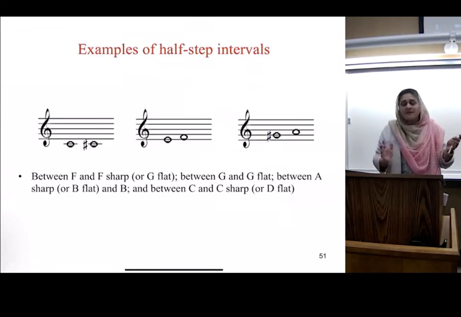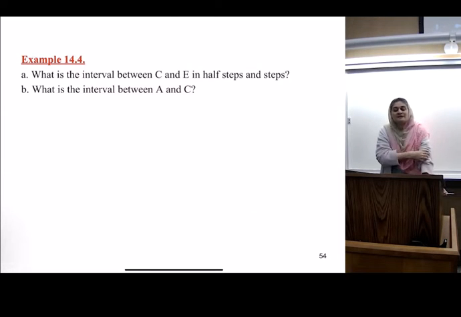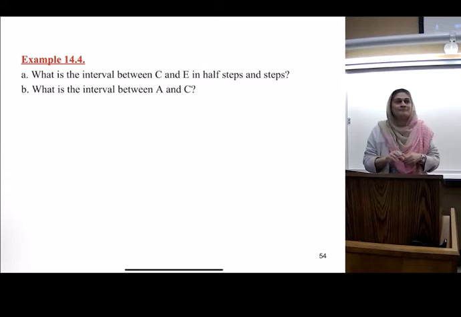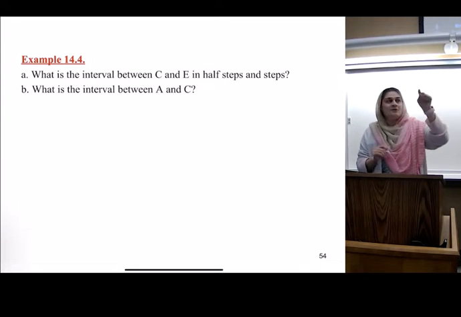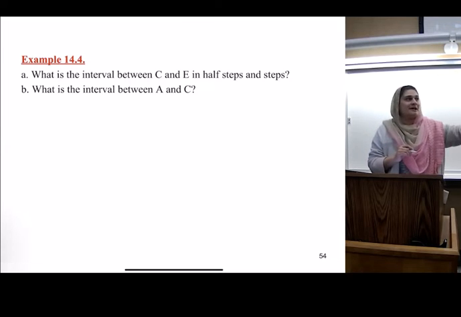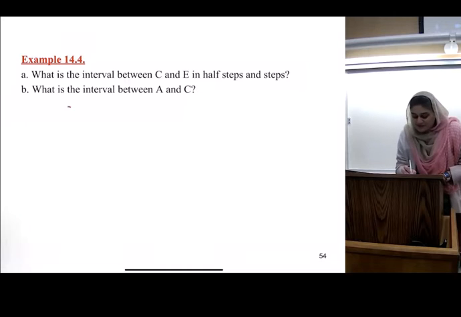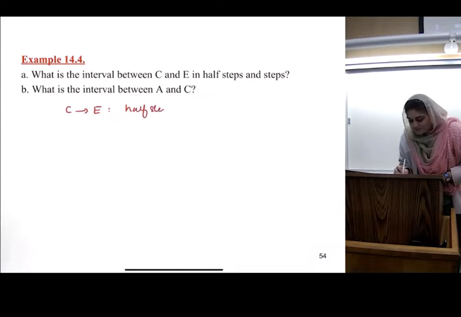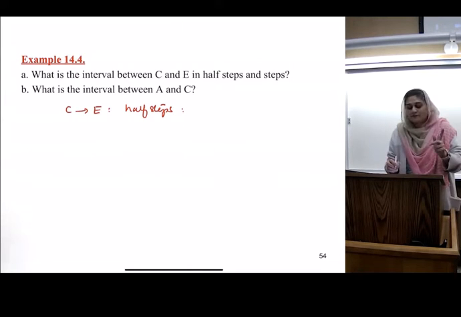Okay, good. Examples. So the question is, what is the interval between C and E in half steps and in full steps? There are 2 ways to go from C to E. You can either go up or you can go down, correct? So if you go up C to E, how many half steps? 3 or 4? 4?